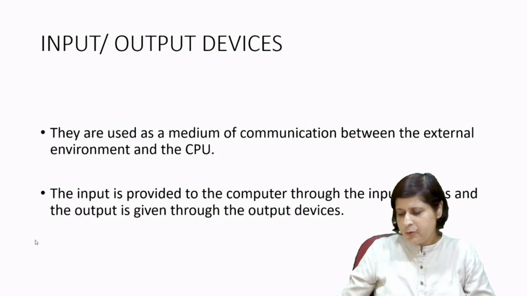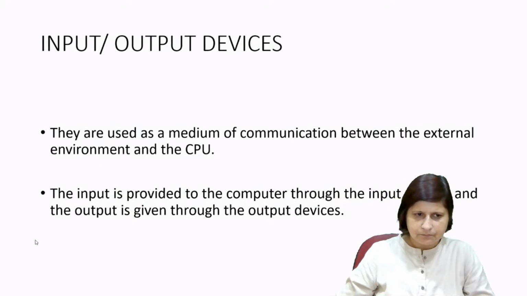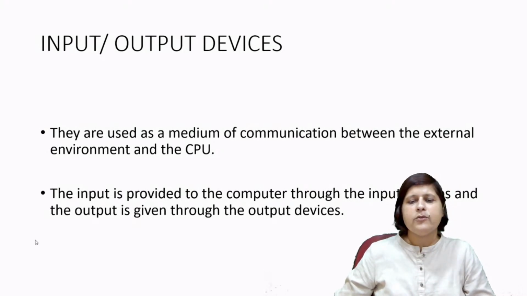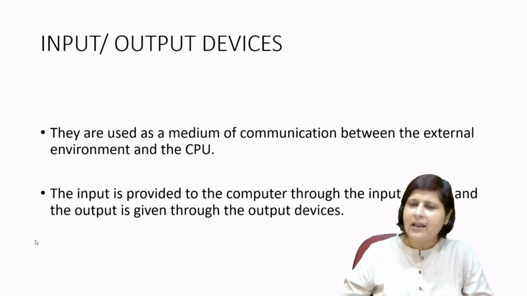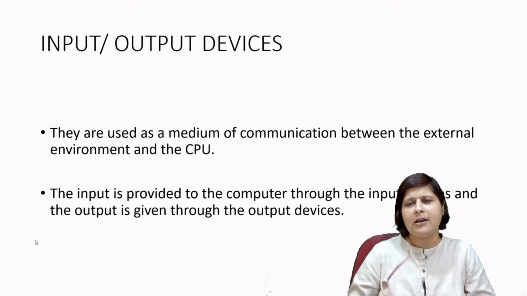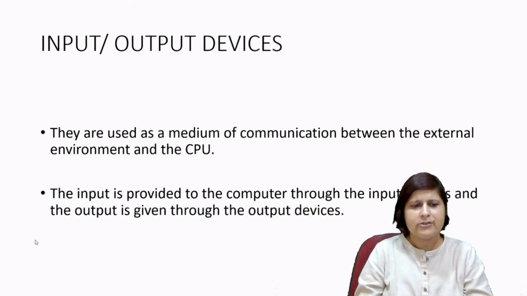Input and output devices. What is an input device? What is an output device? Input and output devices are used as a medium of communication between the external environment and the CPU.